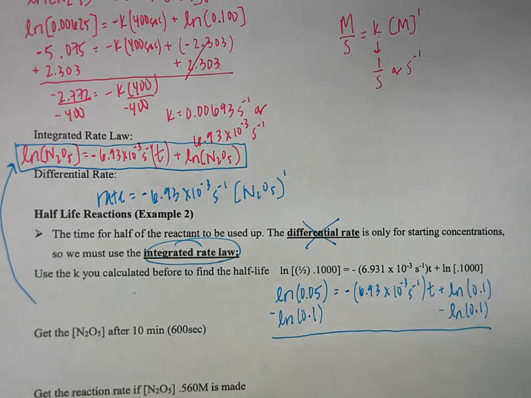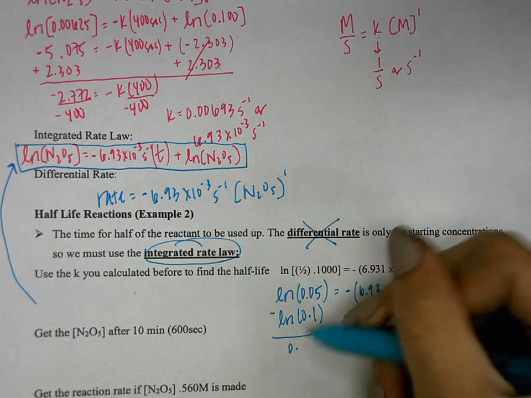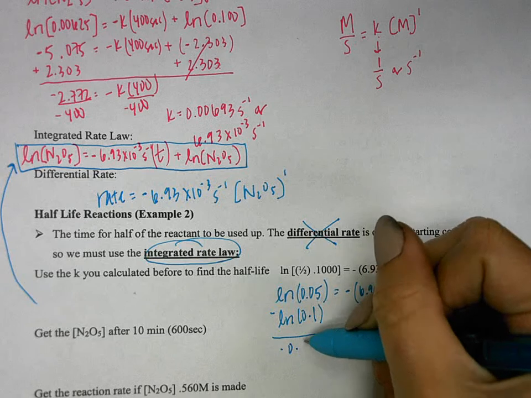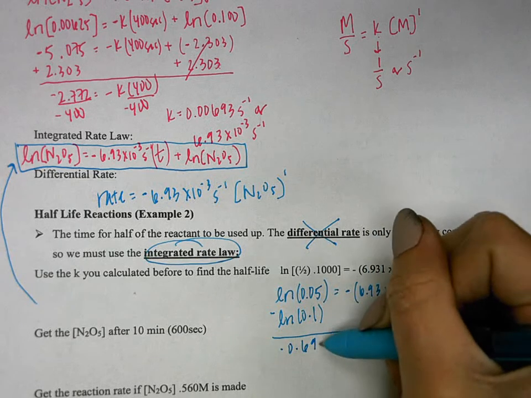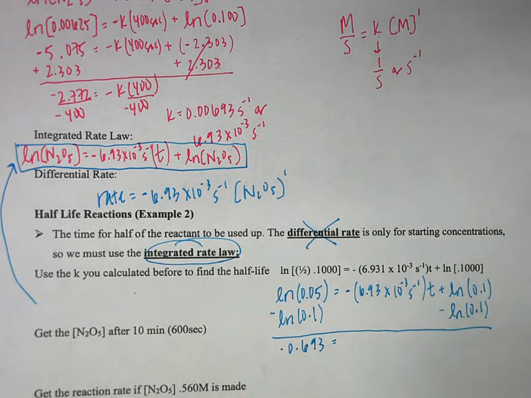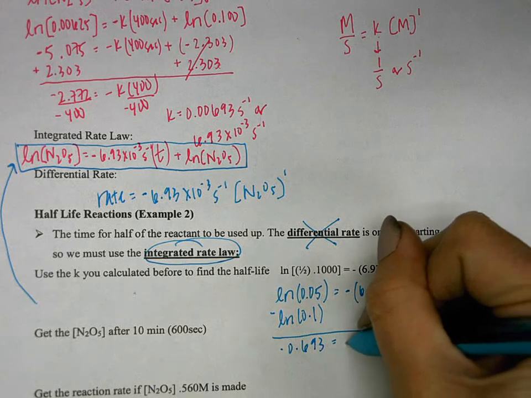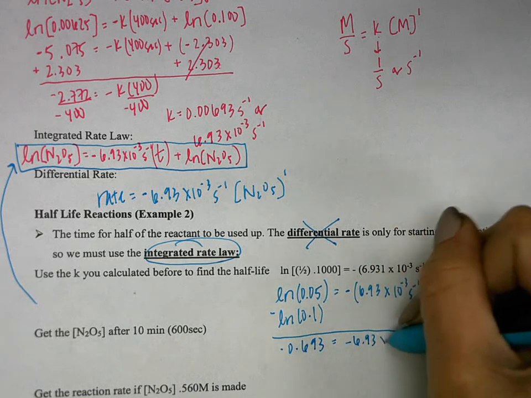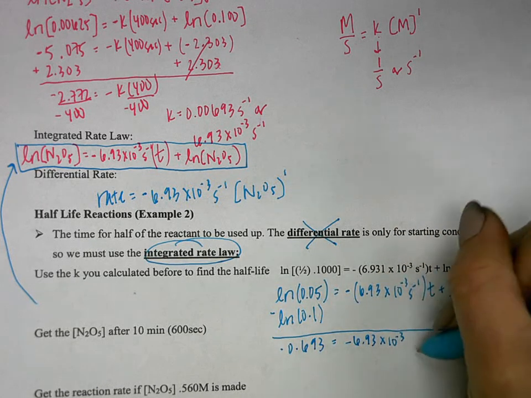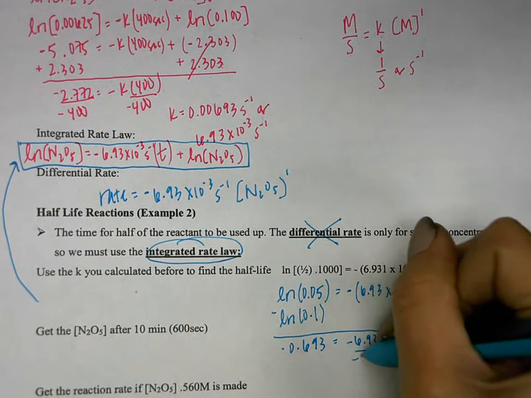gives me negative 0.693 equals negative 6.93 times 10 to the negative third times time, so divide.